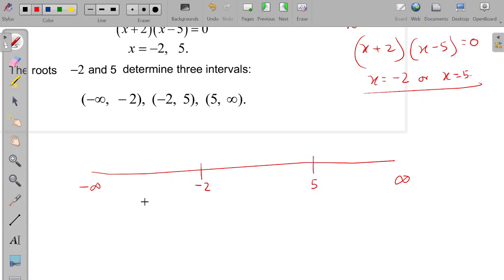Can you see? The real line is divided into 3 now: A, B and C. When you have 2 values of x, the real line will be divided into 3. When you have 3 values of x, then the real line will be divided into 4.